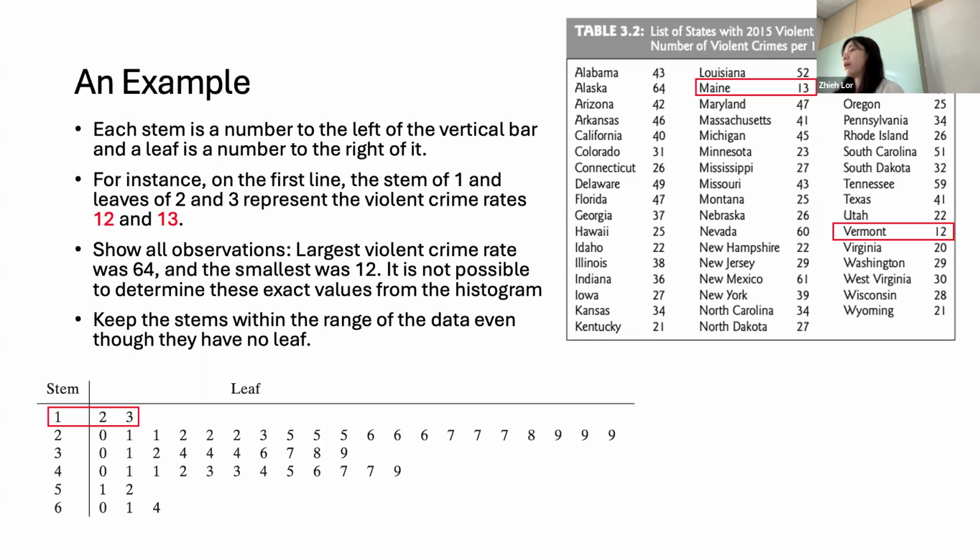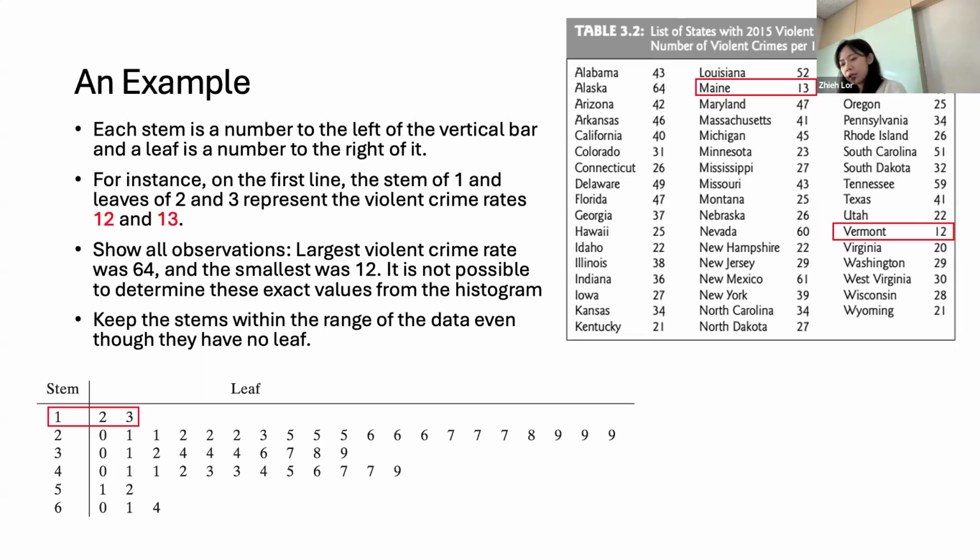So it's the same thing as the histogram, but what we are doing here is using the stem and leaf plot. For example, on the first line, the stem of 1 means 10, and the leaves will be single digits, 2 and 3.